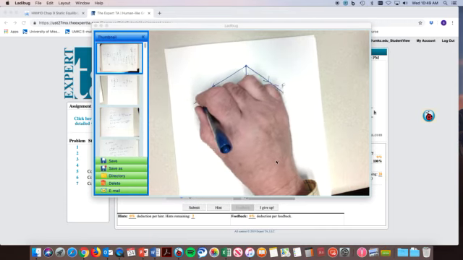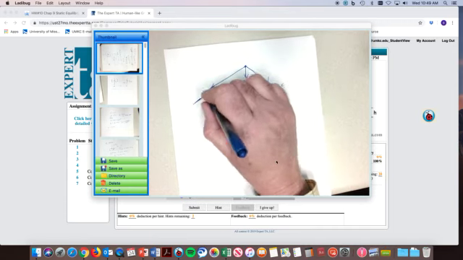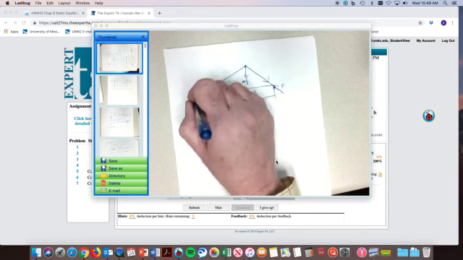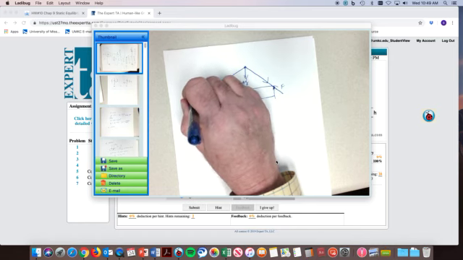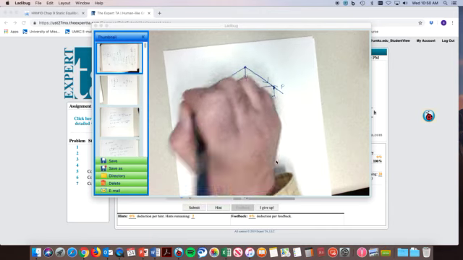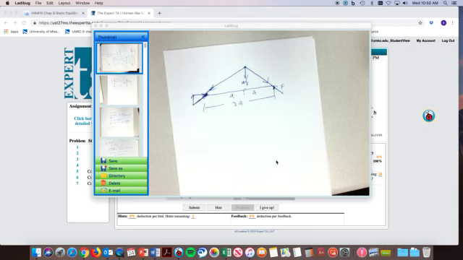I'm going to deal with this one over here. If I look at this force, it is going up, and it's going across this way. Those are the two components of that force.